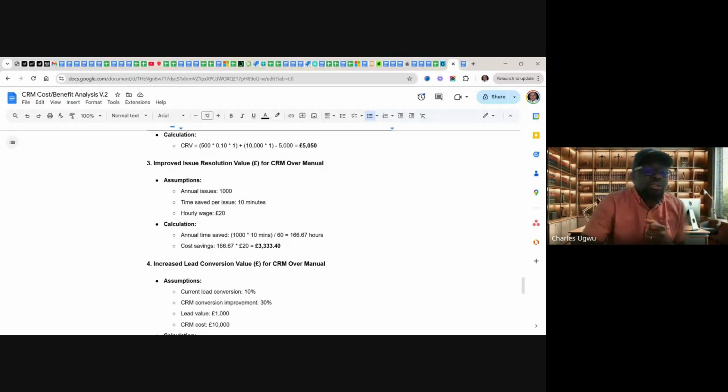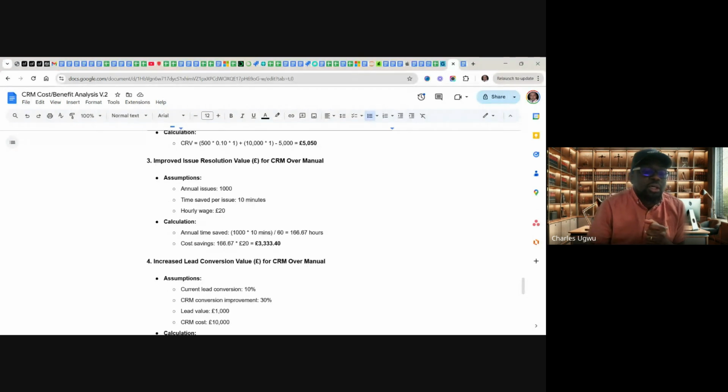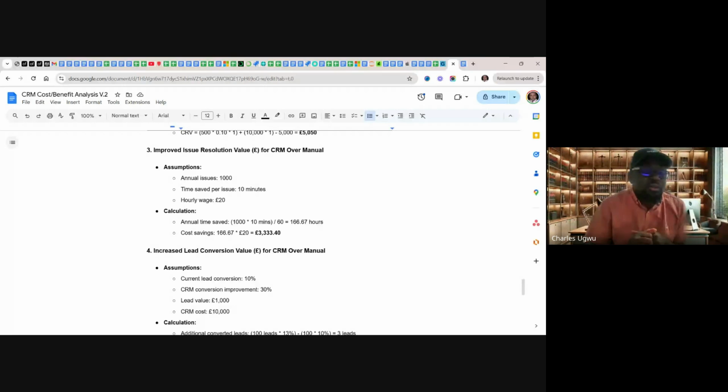So this means the CRM system over manual issue resolution value will have, let's say, annual issues of 100,000, 1,000, and the time saved per issue is 10 minutes, and the hourly wage is 20.